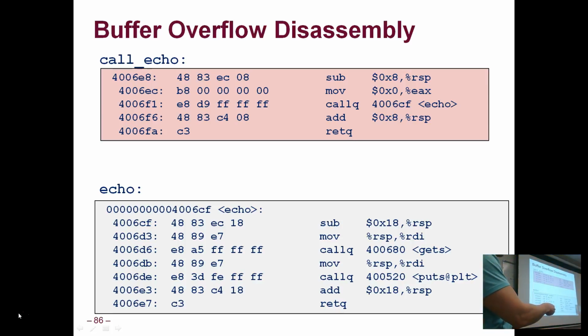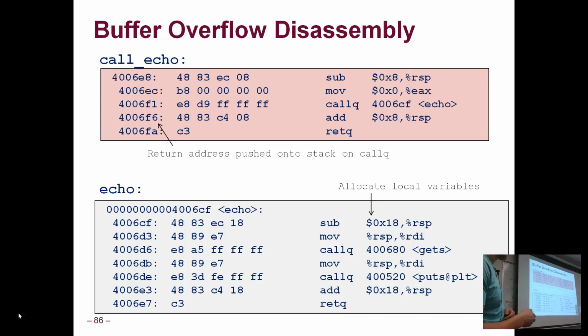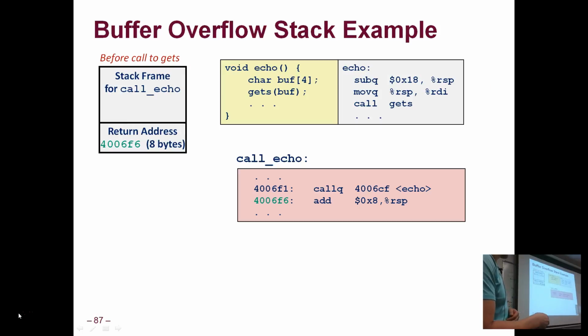After you do the subtraction, the stack pointer points to your buffer. You put that in RDI and call gets. So the return address on this call quad is 406F6. This instruction allocates local variables, and so this is what your stack looks like.